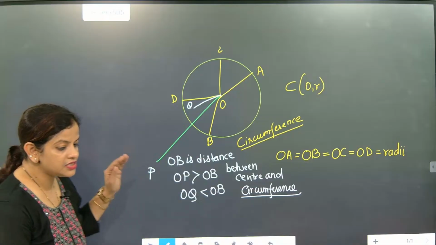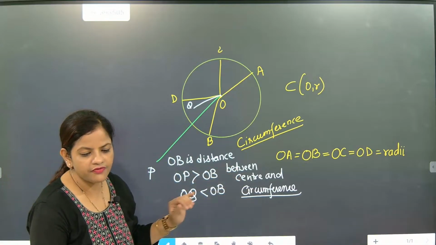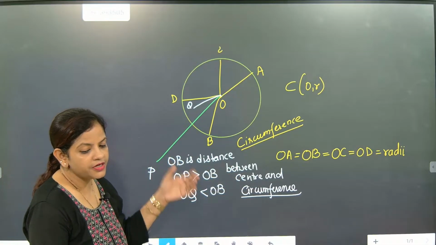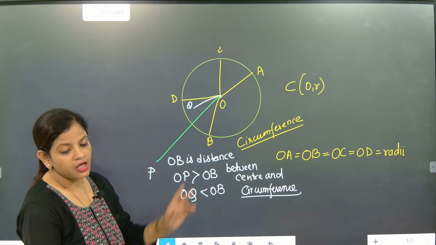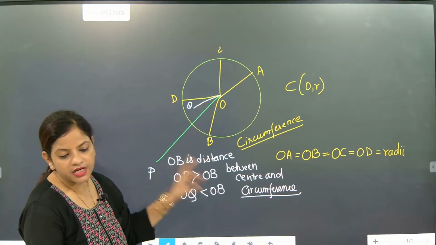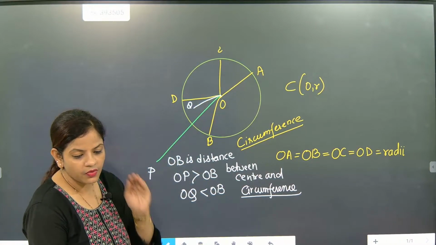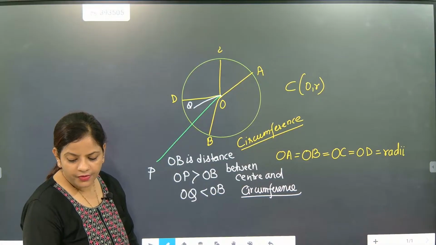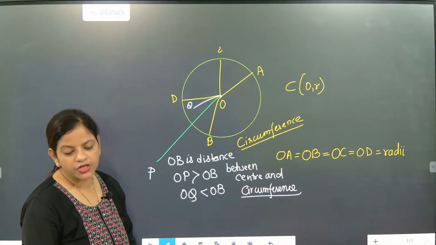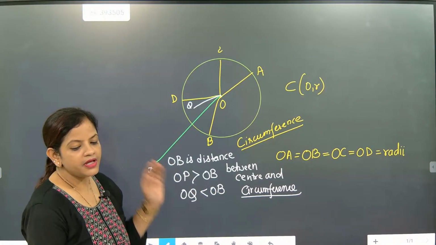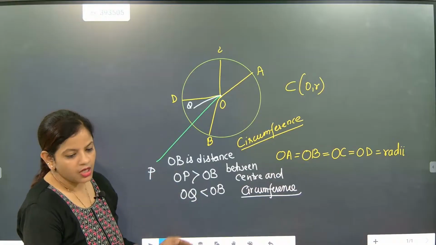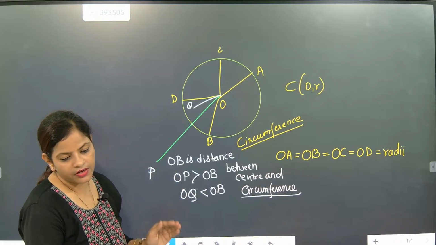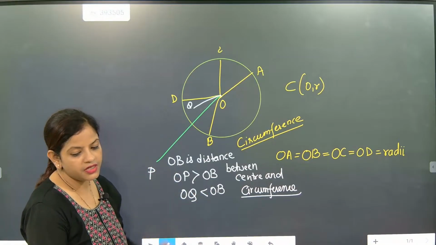So if OB is the distance between center and circumference, beta, then 100% all the points touching the center and circumference should have equal length. But here these lengths are not equal. So since these lengths are not equal, they will not be considered as radius.